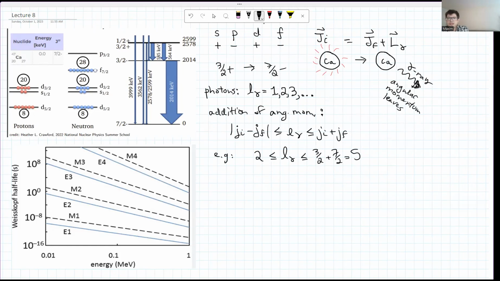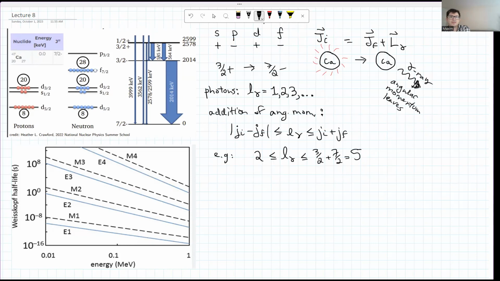So for this transition to happen, the photon has to carry away quite a bit of angular momentum, right? Well, at least 2 units, 2 h-bar units of angular momentum. And so we can wonder if that's something that is physically reasonable, or is that a kind of process that can occur with high probability or not?